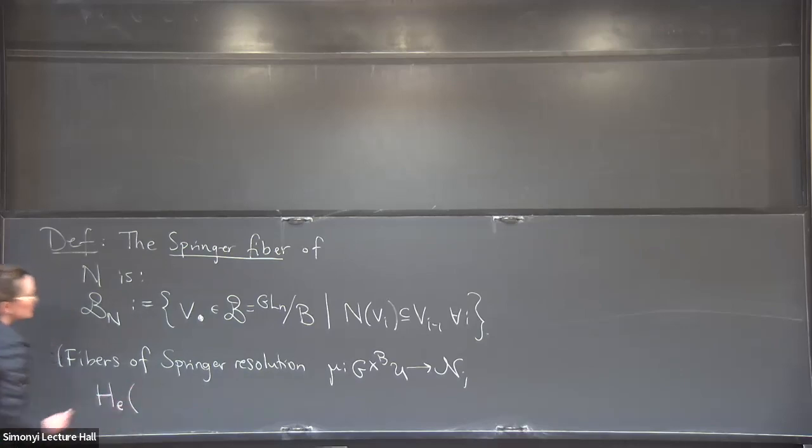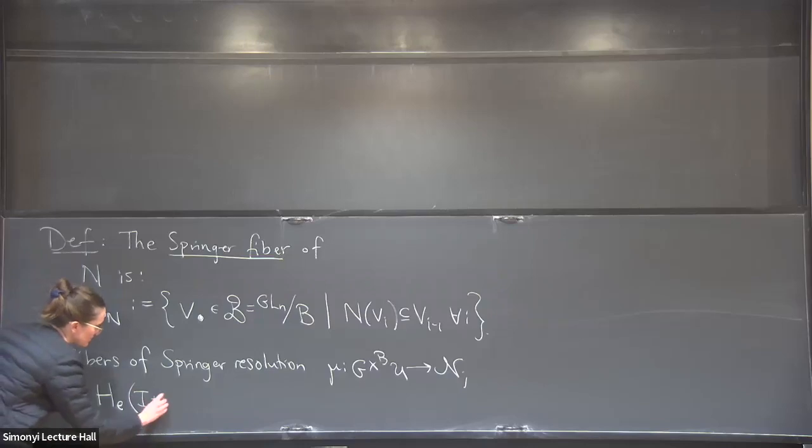Unlike in her talk, she wanted to put a regular semisimple matrix here, but I will put a unipotent matrix, so I'll take the identity matrix plus N. And if you tease out her definitions of what the Lusztig variety is with those two pieces of input, you will arrive at your Springer fiber.